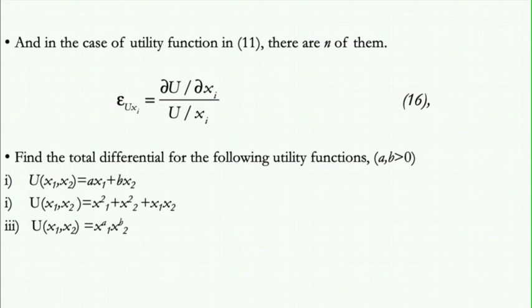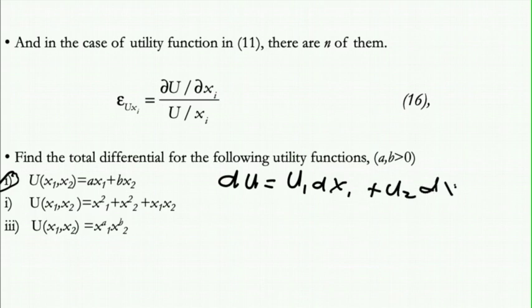Okay, now, let's say we look at this simple exercise here. Let's look at number 1 here, u(x1, x2). So utility is a function of good 1 and good 2. If you want to find the total differential, we know that total differential du, the general formula, is u1 dx1 plus u2 dx2.